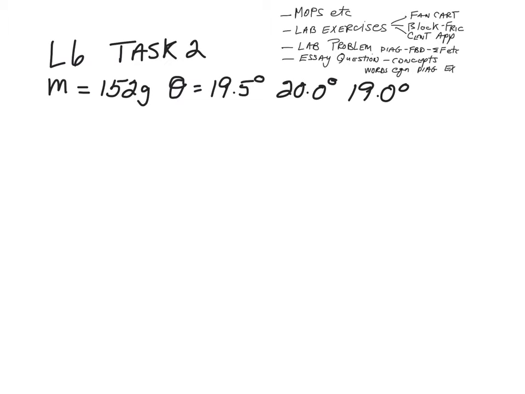So in this example, the mass of the cart is 152 grams, and the data that I got was 19.5 degrees on the top and 20 degrees in the middle and 19 degrees at the bottom of the track. And so we want to use that data to find the coefficient of friction. So let's do the general solution, and then we can calculate what the coefficient of friction is.